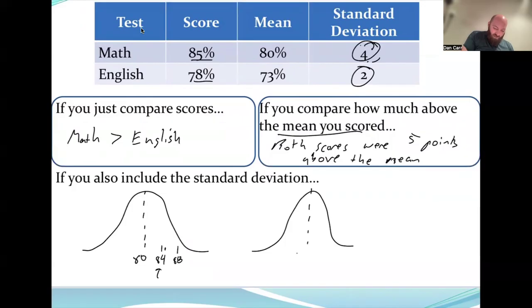But when we do English, let me draw my little curve here. The average was 73. If the standard deviation is 2, that's going to be 75, then 77, and then 79. It's not drawn to scale on that one. So a score of 78 with a standard deviation of 2 puts me here, more than two standard deviations above the mean.